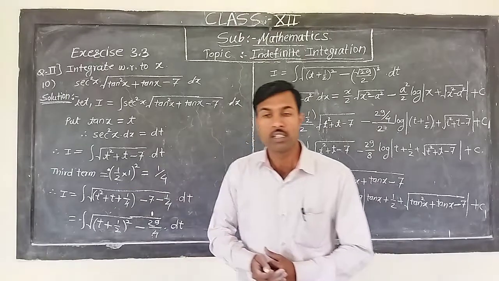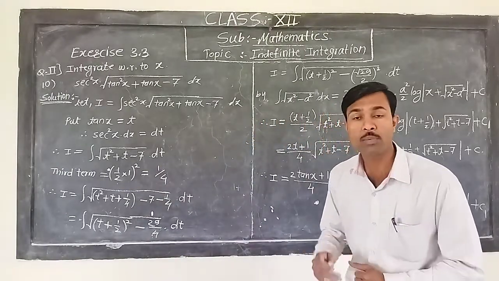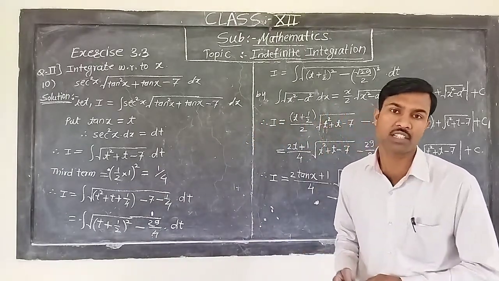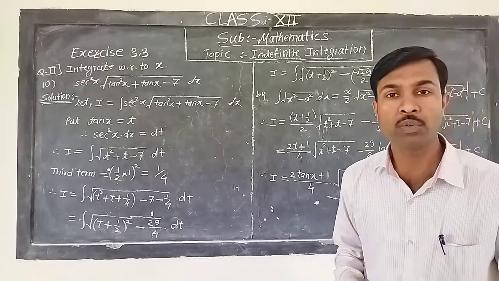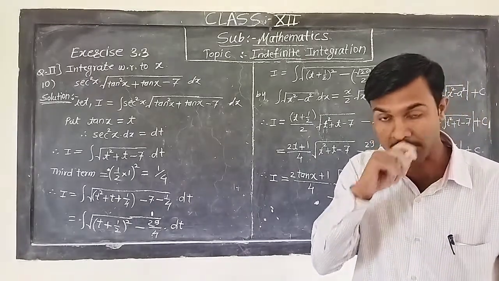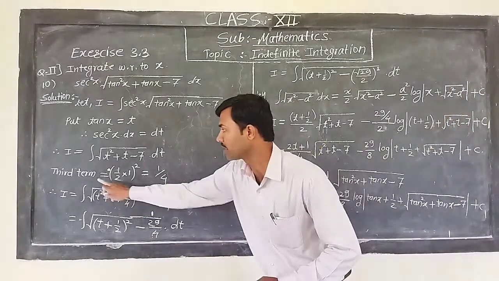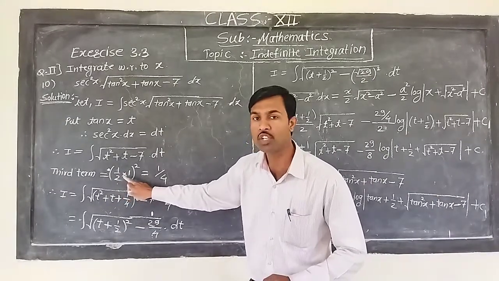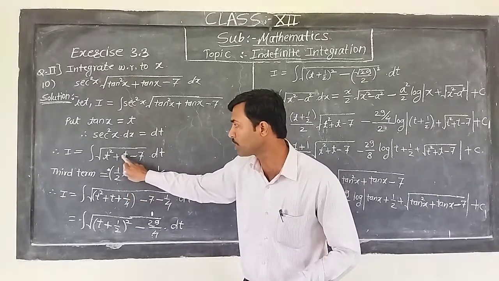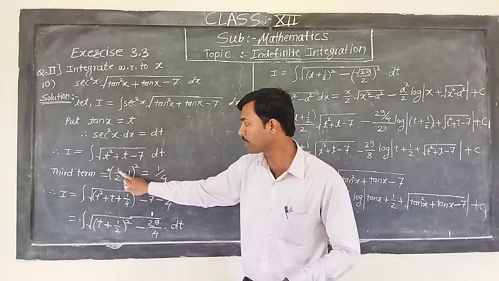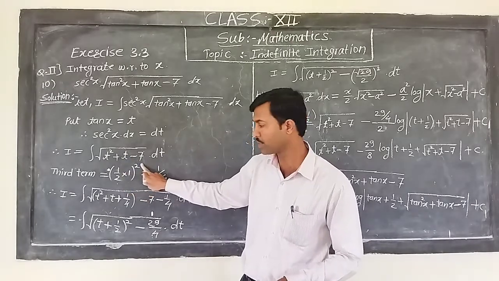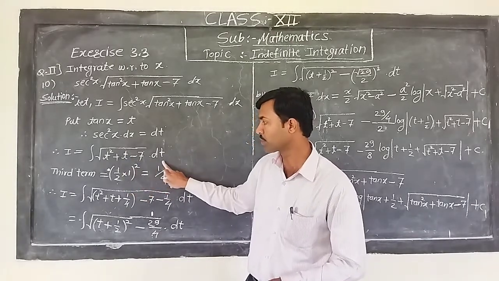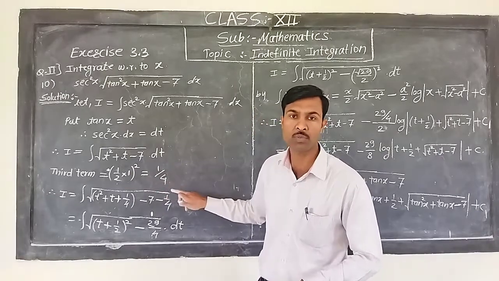Here is the integration of the under root of a quadratic equation, and when there is a term like a quadratic equation, we have to take its third term. So the third term is 1 upon 2 into the coefficient of t, which is 1 here. So 1 by 2 into 1 whole bracket square, it is 1 square is 1 and 2 square is 4. It is 1 upon 4.